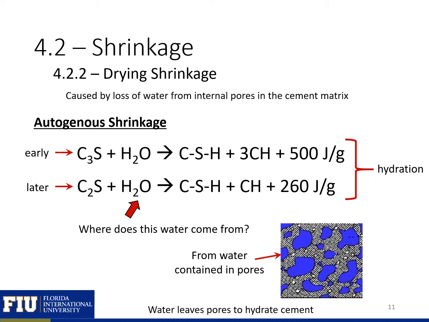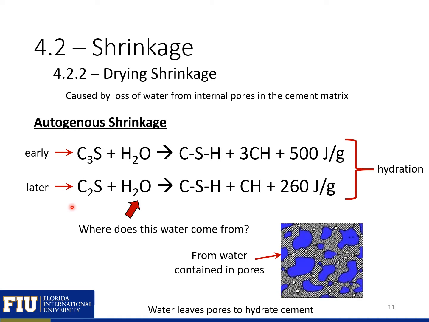Our autogenous shrinkage is caused by loss of water from the internal pores in the cement matrix to hydrate our cement. So we looked in the last section at how cement is hydrated, and we saw that our C3S and our C2S react with water to form CSH and CH, which are our two main components in our hydrated cement paste. So we have this water here, but where does the water come from?